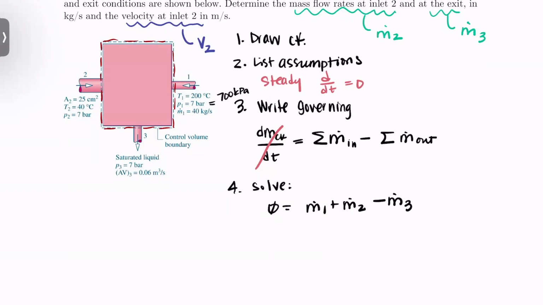And then we also have m dot 1 is 40 kilograms per second. For P3, we have that the pressure is also 7 bar, so this is 700 kPa.